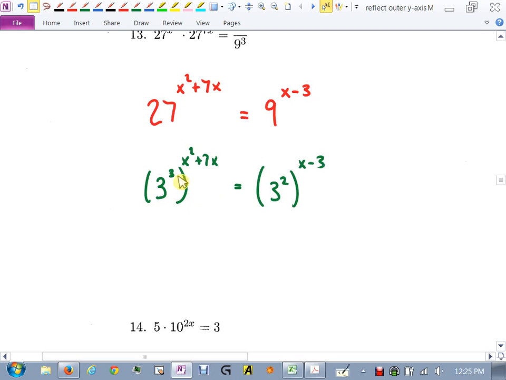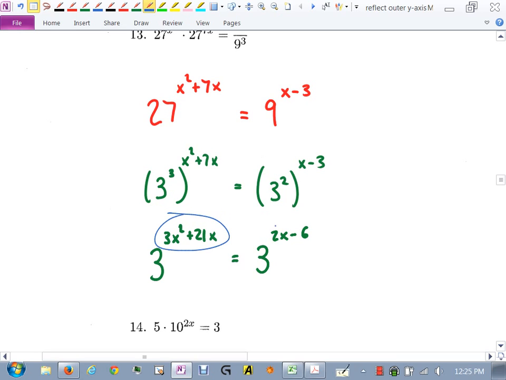So now you multiply the 3 through here, and you get 3 to the 3x squared plus 21x equals 3 to the what? 2x minus 6.